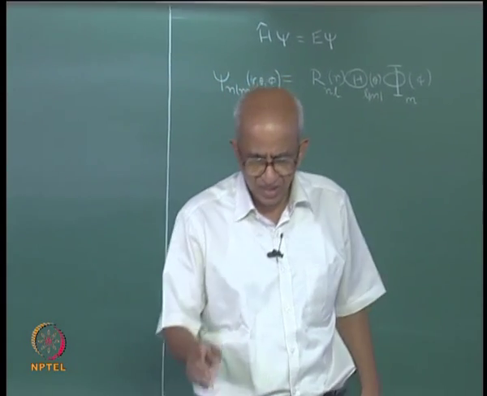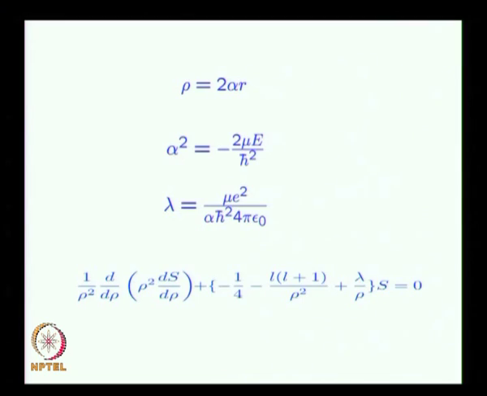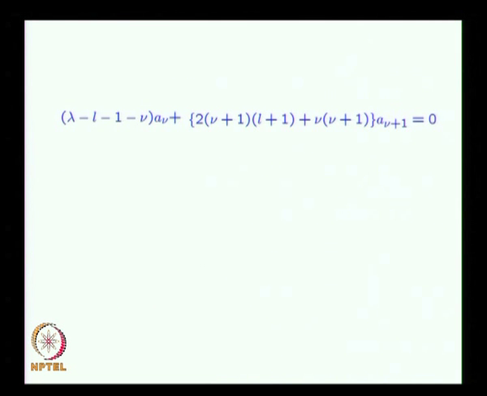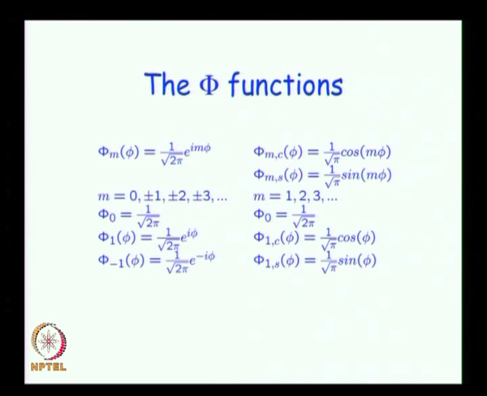Capital phi, we have actually studied them in detail. So, these are the forms of capital phi. Capital phi in general would have the form 1 by square root of 2 pi e to the power of i m phi.